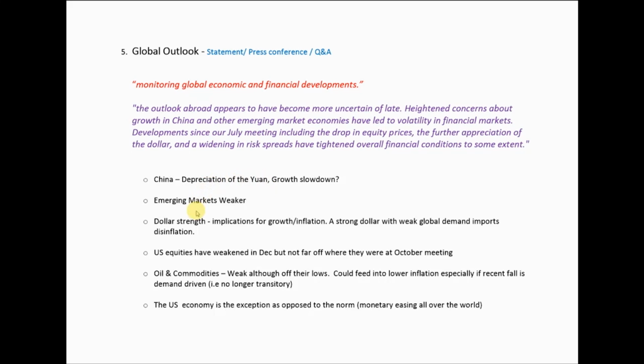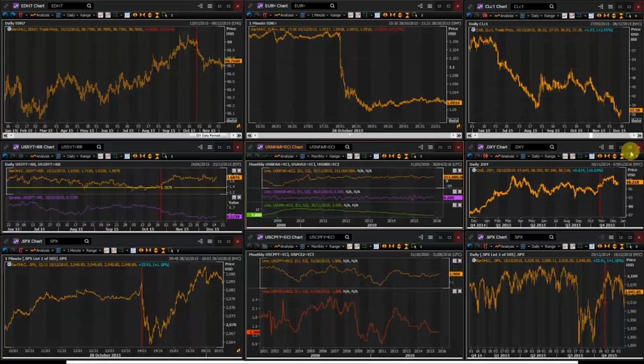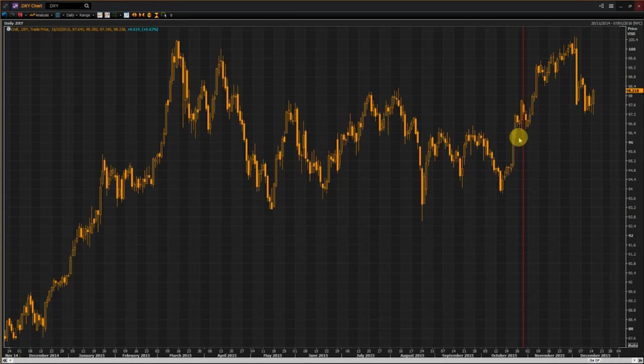Emerging markets are weaker. The dollar is stronger, although as we showed in the chart last time, looking at the dollar index, we showed the euro dollar last time, but the dollar index, what has actually happened since the last meeting? Yes, the dollar strengthened quite significantly, about 3%, but has actually pulled back.